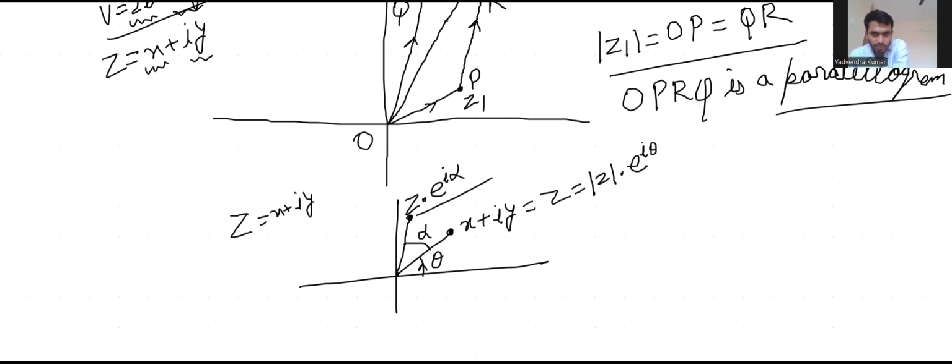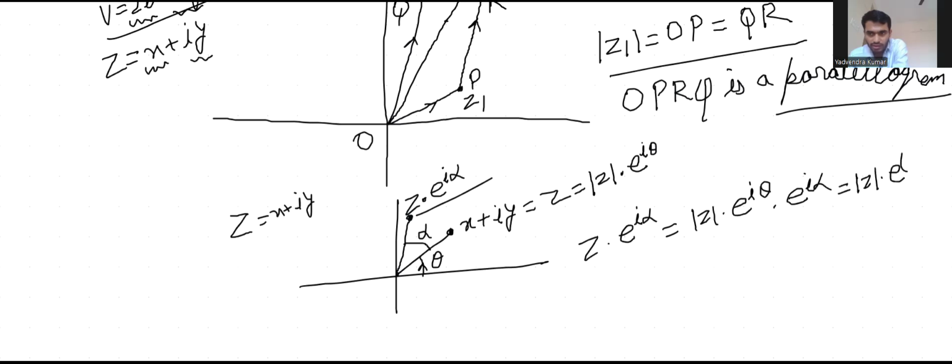Then Z into e to the power iota alpha is going to be modulus of Z into e to the power iota theta into e to the power iota alpha. This can be written as modulus of Z into e to the power (theta plus alpha) iota. Right?